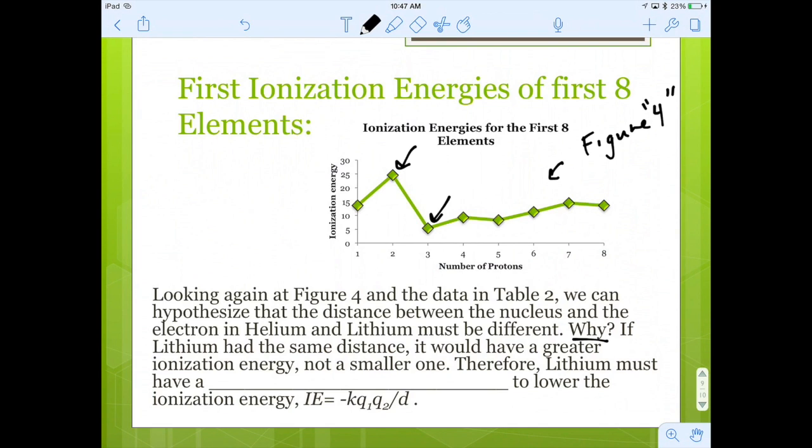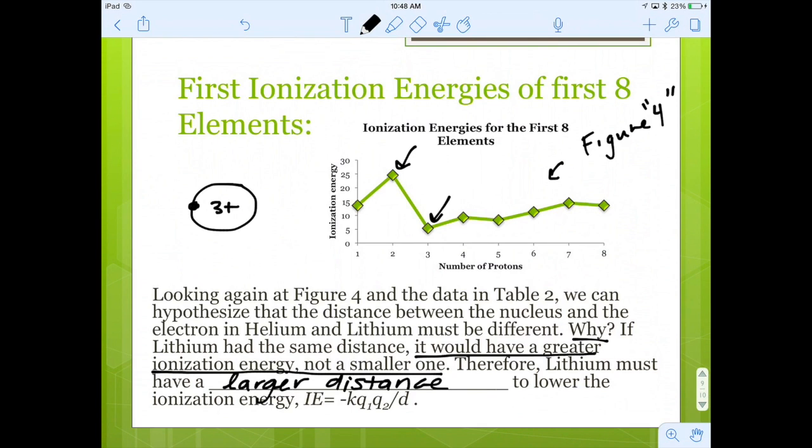If the ionization energy for lithium is smaller, it would have to have a larger distance. If they had the same distance, it would have a greater ionization energy. Therefore, lithium must have a larger distance to lower the ionization energy. It's the only way the formula will make sense.